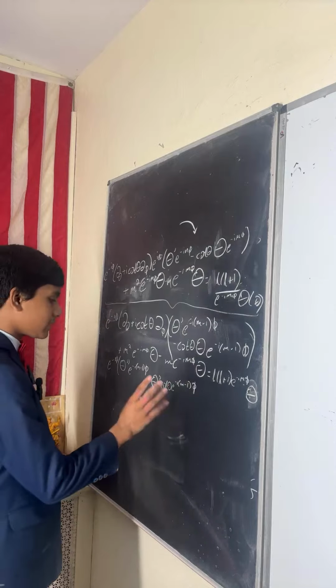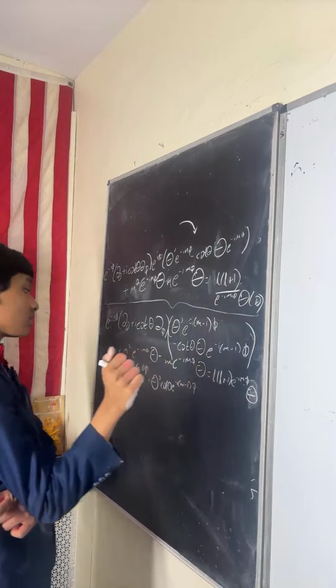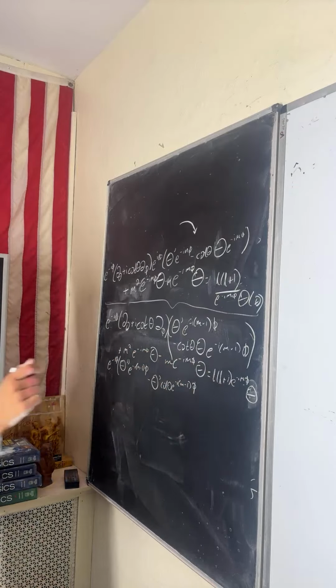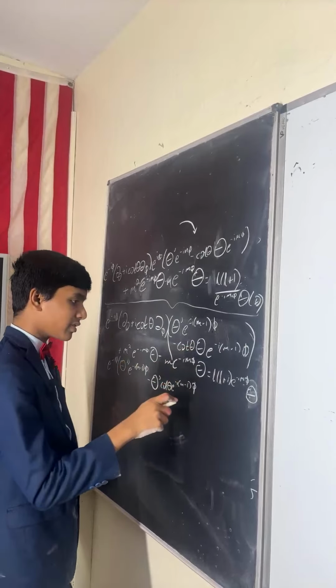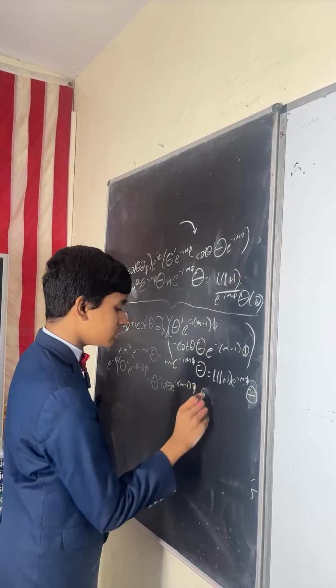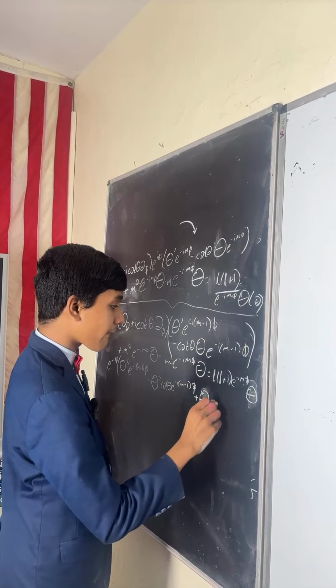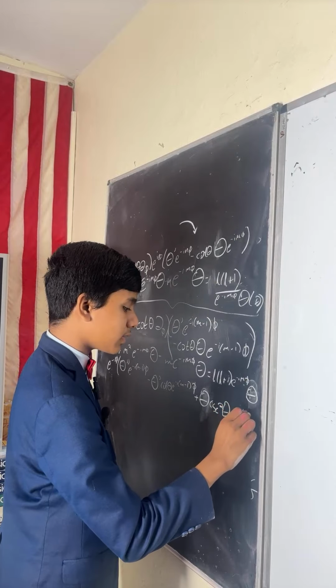Then you get, well, then you have to take the derivative of this, which gives you plus theta times cosecant squared theta e to the minus i m minus 1 phi.